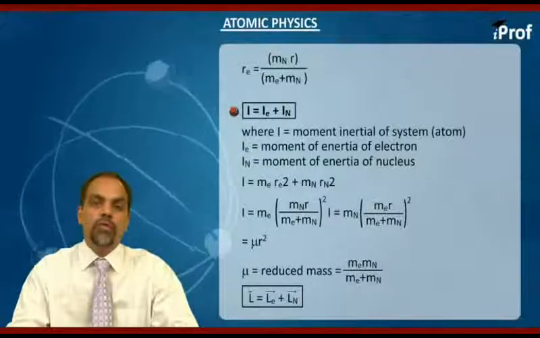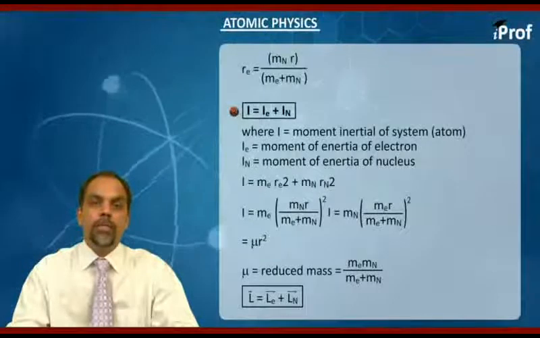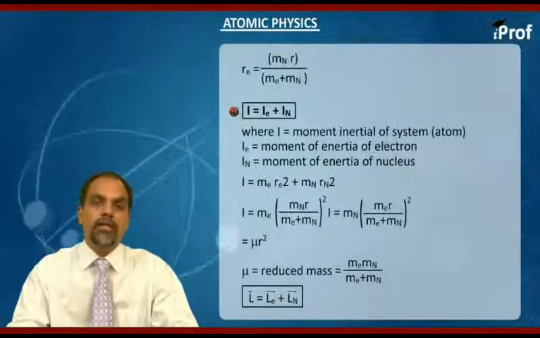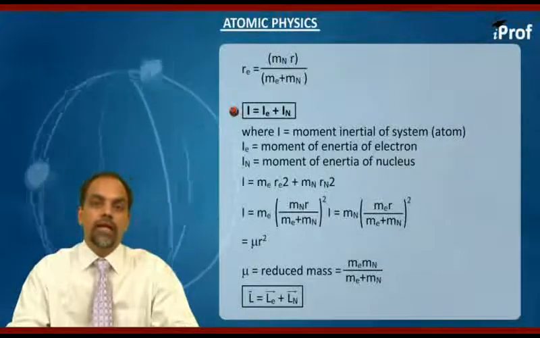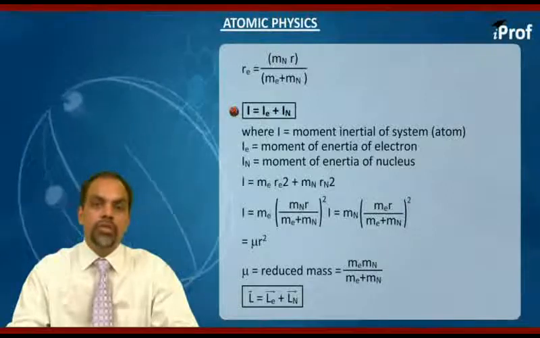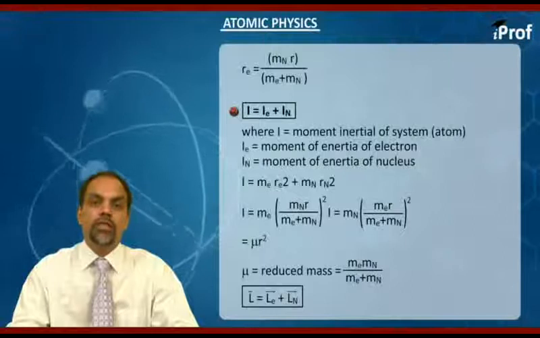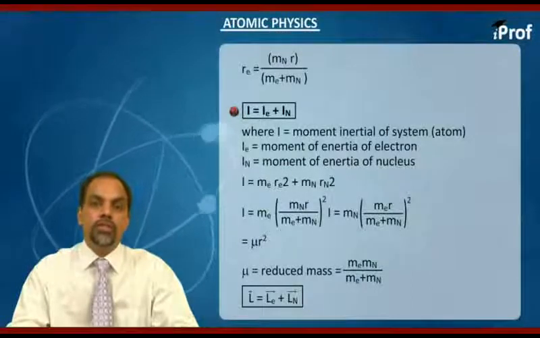So we can write moment of inertia, if I denote it by I, is equal to Me Re² + Mn Rn². Just now we have calculated the value of Re and Rn. When we make substitution for Re and Rn, we get the expression for moment of inertia of the system where nucleus is in motion.